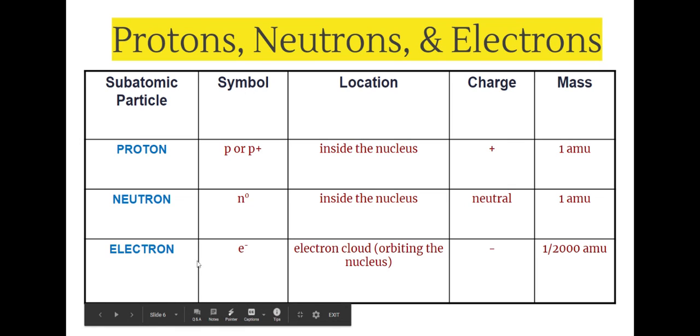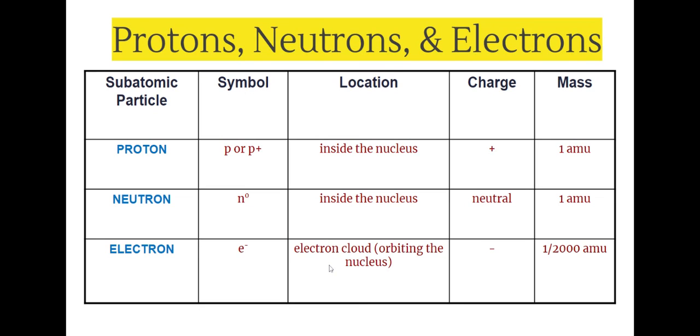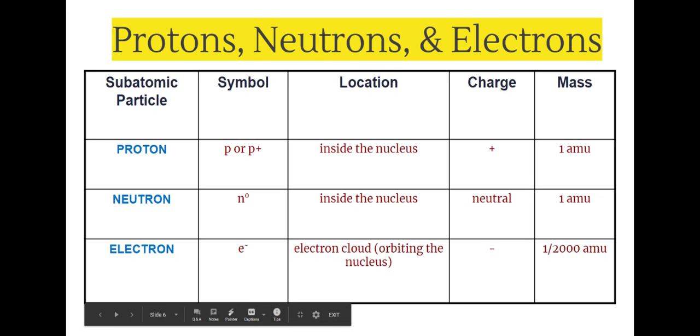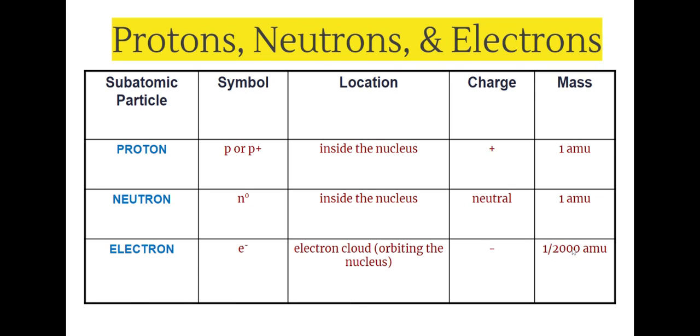Electrons are negatively charged particles represented by an E minus, and they exist in what we call the electron cloud, which is just to say that they orbit the nucleus. And electrons are even tinier than our protons and our neutrons, coming in at 1 over 2000th of an atomic mass unit.